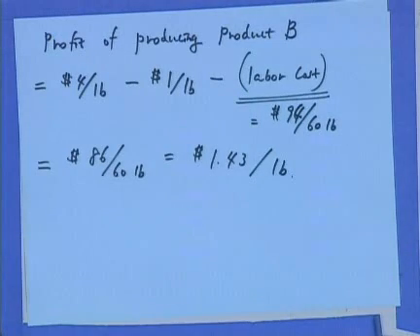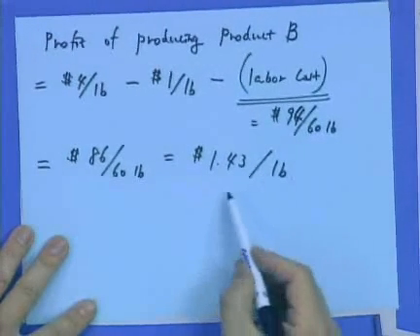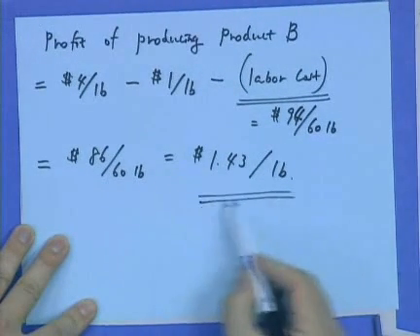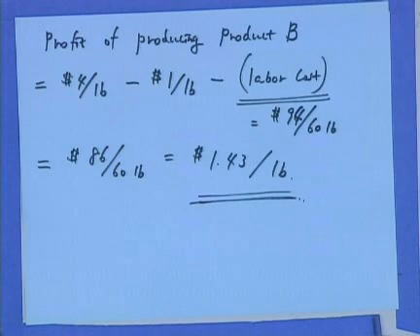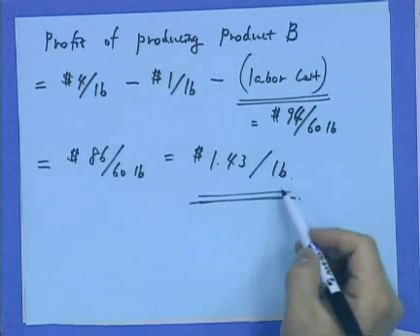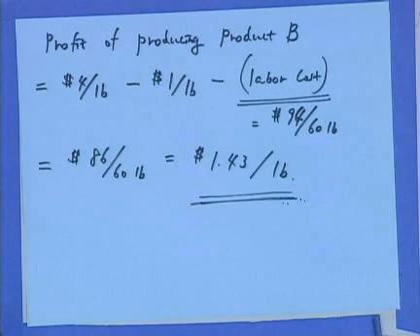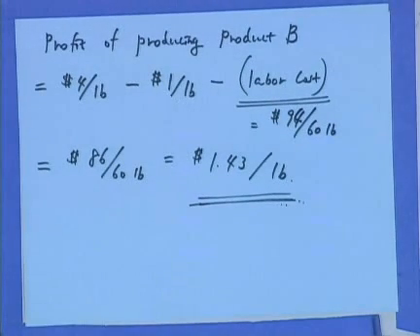Okay? So this value should be the objective coefficient for variable B, right? Likewise, you may obtain the unit profit for each product C, D, and E. Okay? The same way.